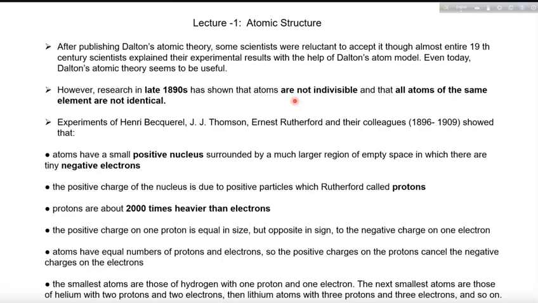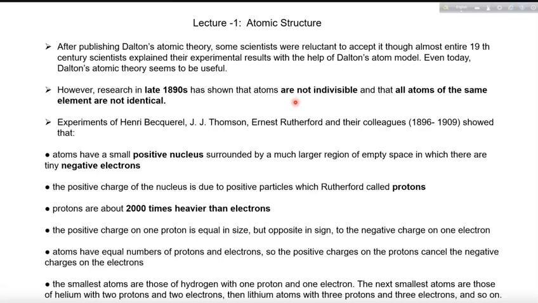Later, experiments of Henri Becquerel, Thomson, Ernest Rutherford, and their colleagues showed that atoms have a small positive nucleus surrounded by a large space for negative electrons. This positive charge of the nucleus is due to the positive particle, which Rutherford called protons.